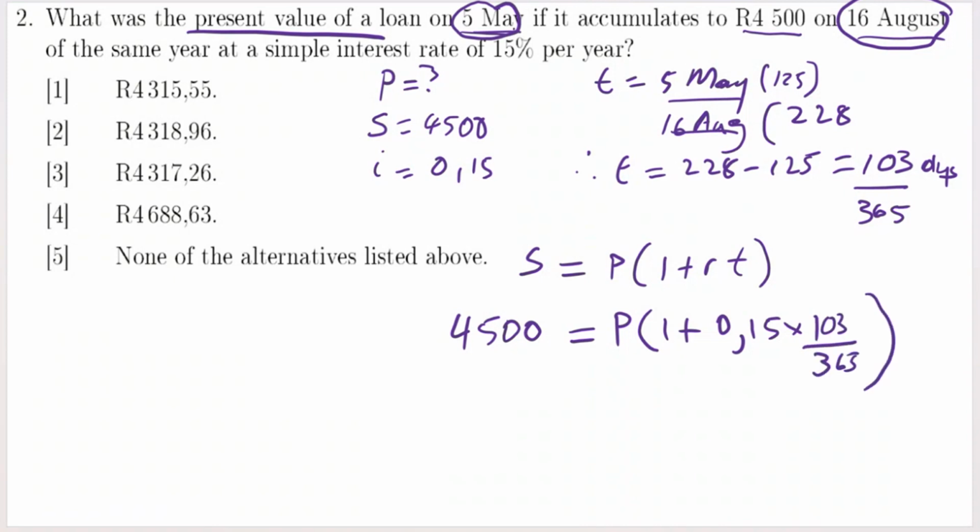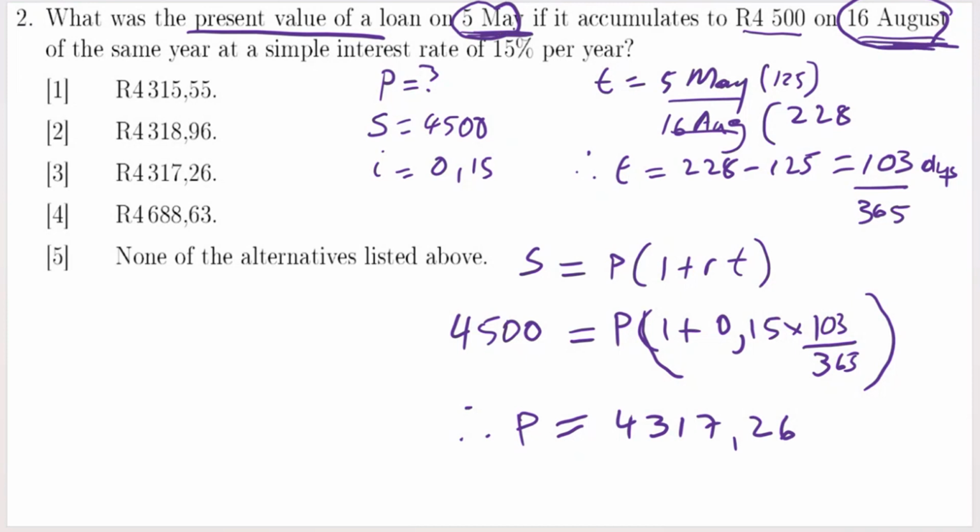Once you've got this formula, you can plug it into your calculator and rearrange everything. So therefore, your P is equal to 4317.26.